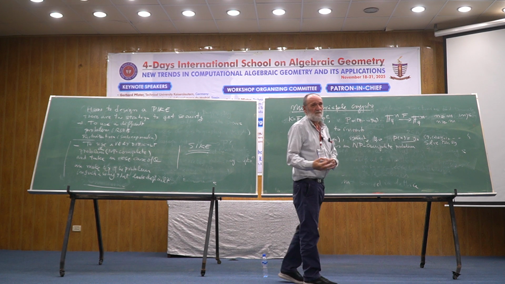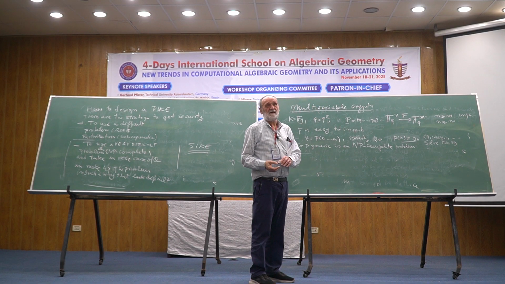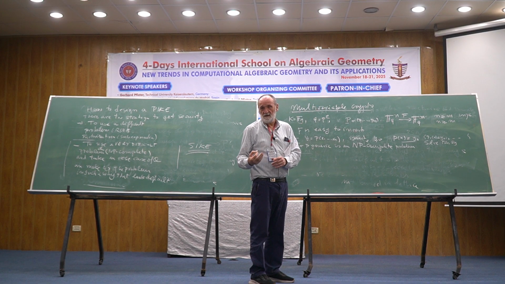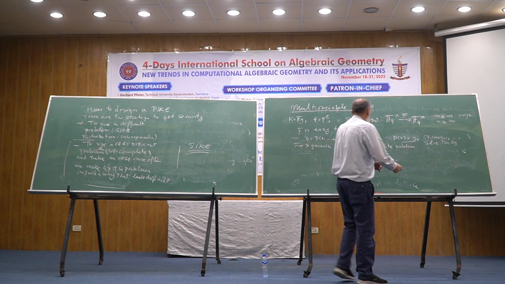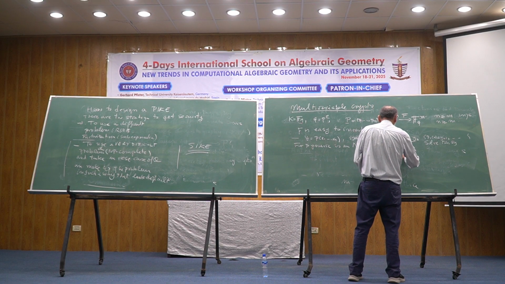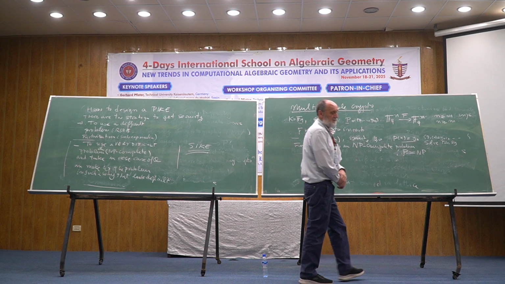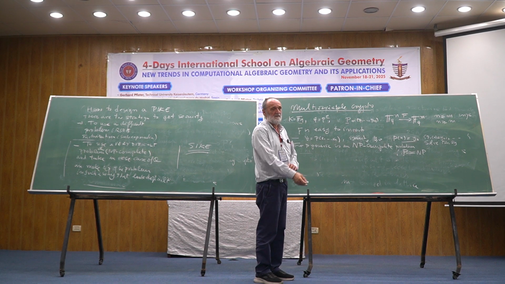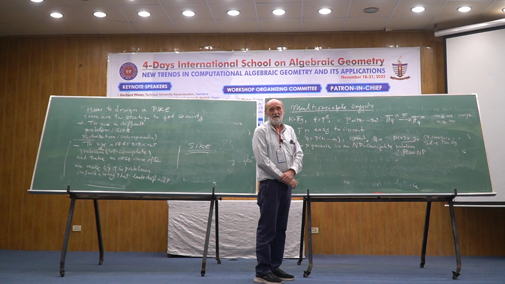Remember that NP complete means essentially that this is exponential. So probably you know the problem P versus NP, polynomial versus non-deterministic polynomial. This is one of the problems of the century; if you solve it, they will give you one million dollars.